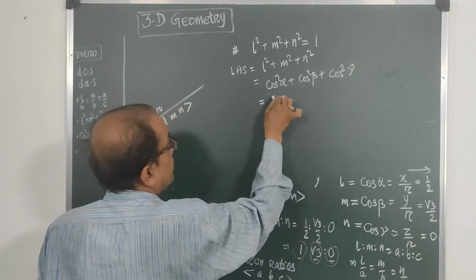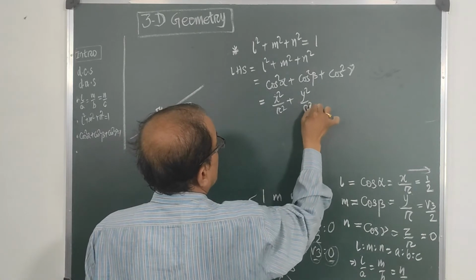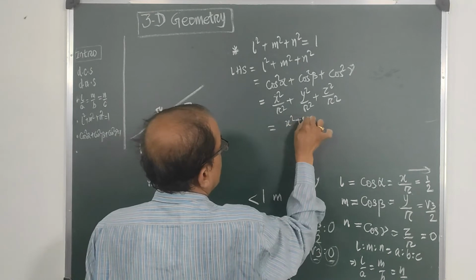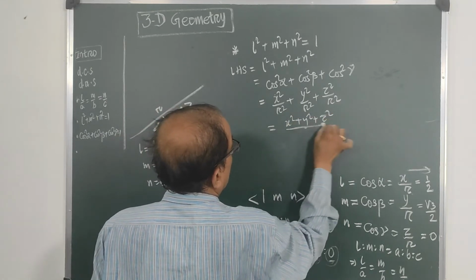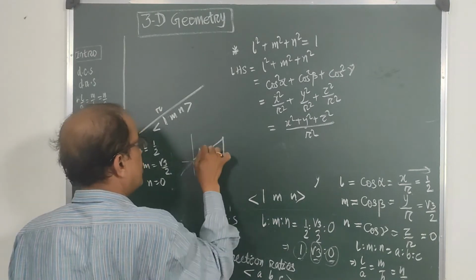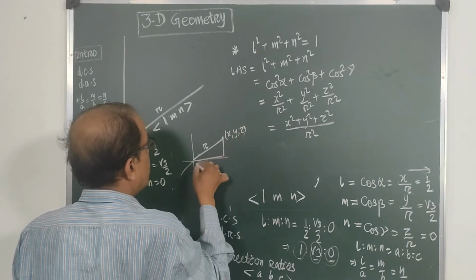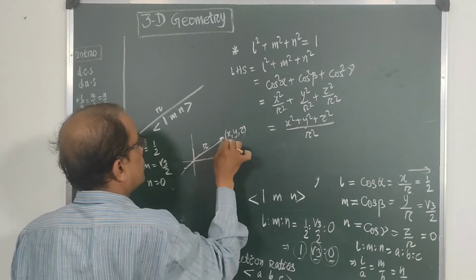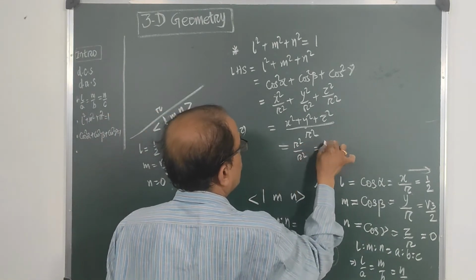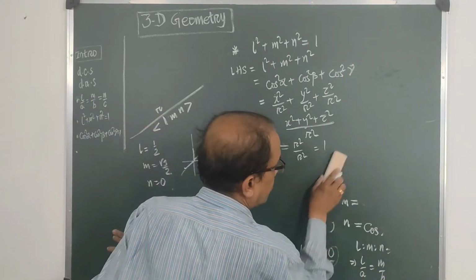Since cos alpha is x by r, this will be x square by r square plus y square by r square plus z square by r square, which will be x square plus y square plus z square by r square. And in a three-dimensional plane, as you know, x square plus y square plus z square is r square, so this will be r square by r square, equal to 1. So we found L square plus M square plus N square is equal to 1.